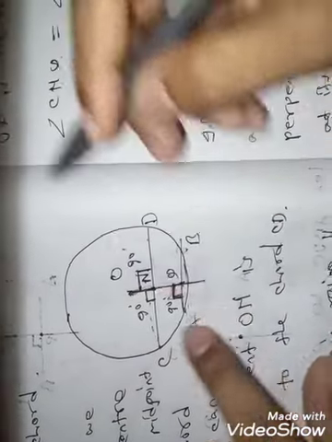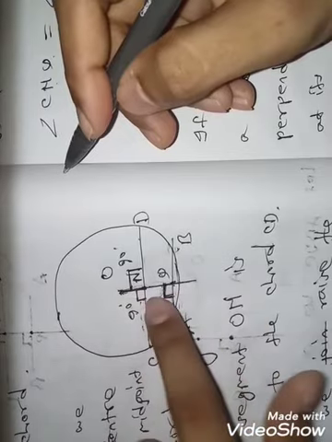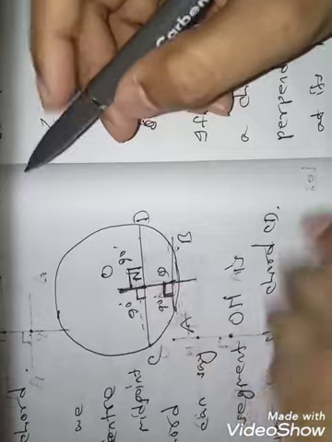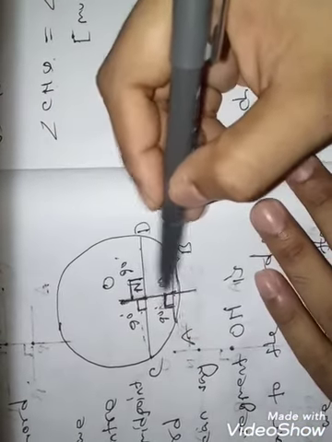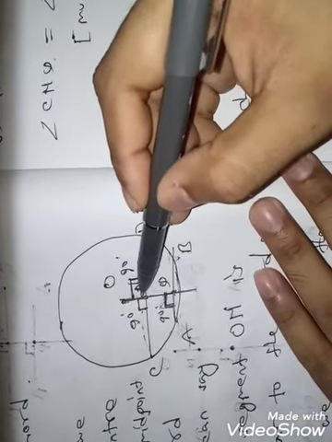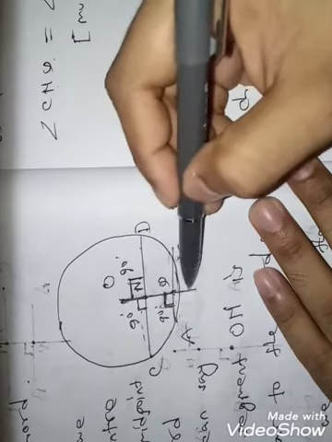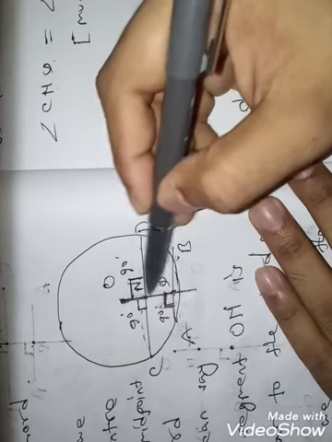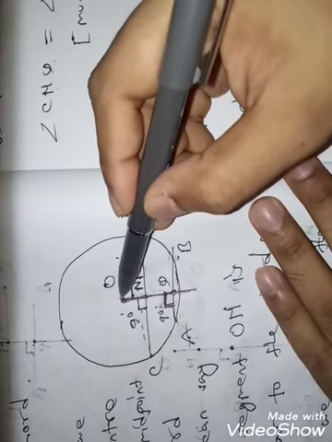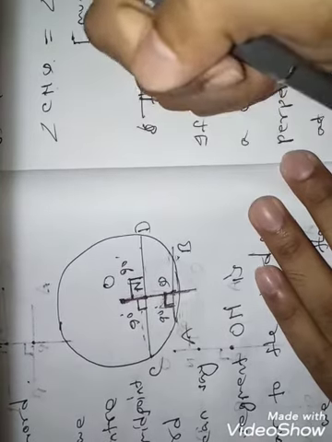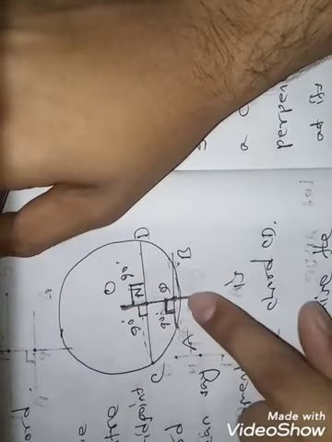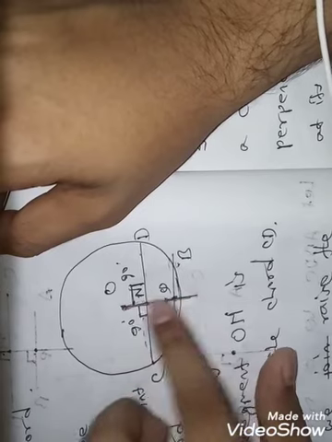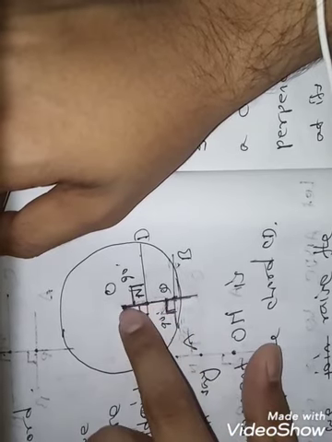So we have joined the two midpoints Q and N. And this line also passes through the center. So we can easily say that if we join two midpoints of two parallel chords, the line will pass through the center.